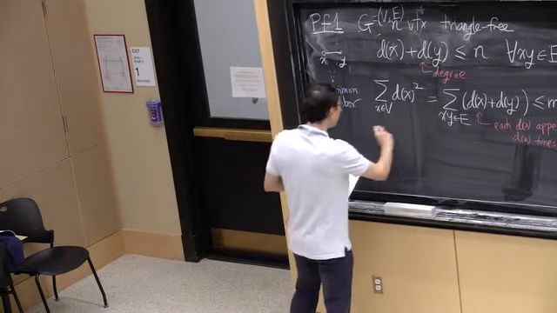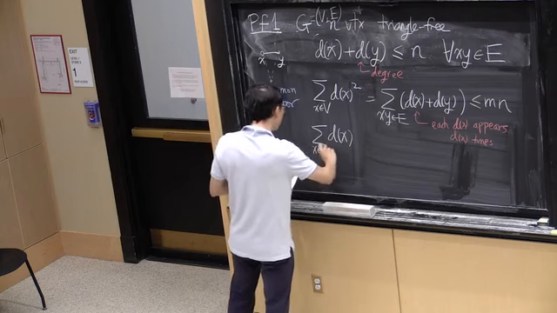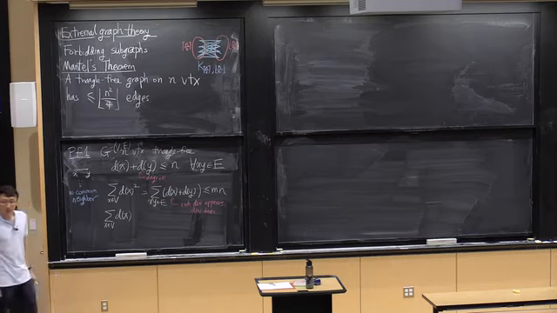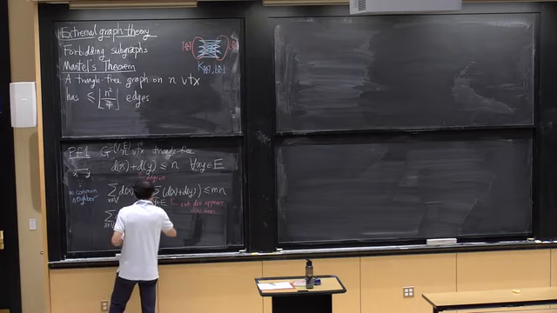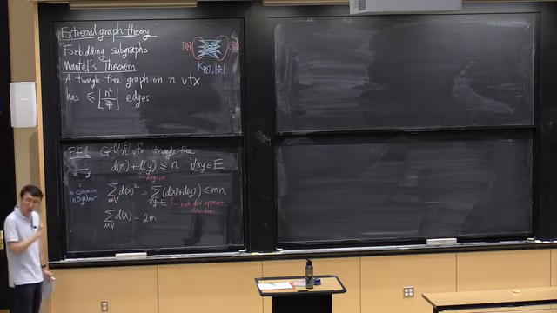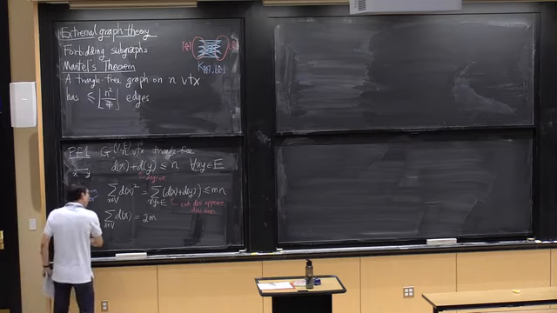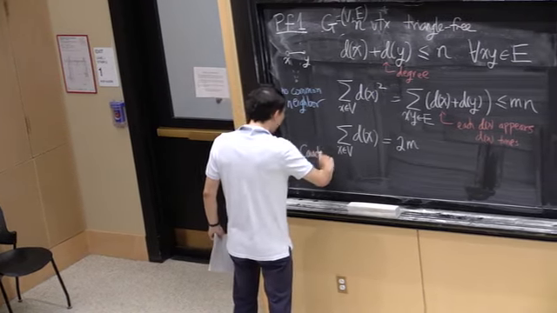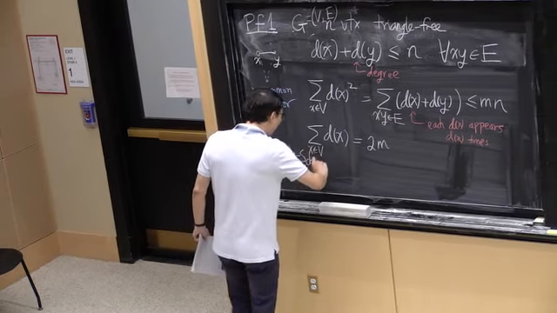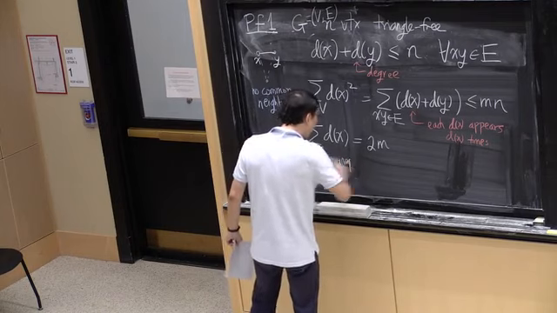On the other hand, let's consider the quantity which is just the sum of the degrees. Sometimes known as the handshaking lemma, the sum of degrees is just twice the number of edges. Each edge is counted twice in the sum. Well, now we apply the Cauchy-Schwarz inequality, which, as you'll see many times in this course, although you might think of it as a fairly simple inequality, is extremely powerful.